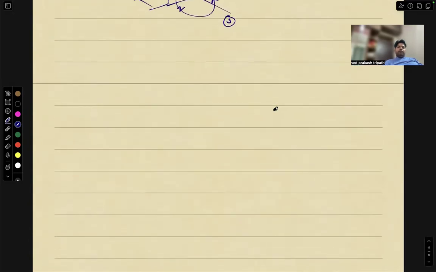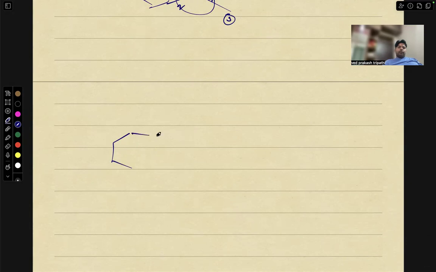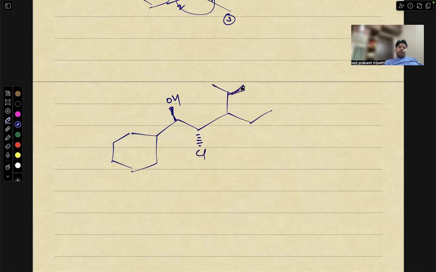For example, we have to draw the enantiomer of this compound.